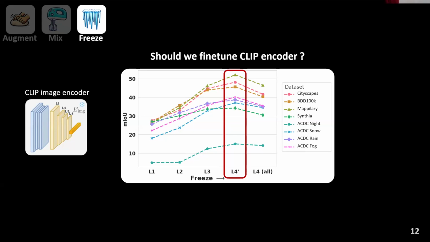Because if we fine-tune the full network, it decreases the performance a lot, quite likely because it distorts the CLIP features, but that's only a conjecture. And the combination of all these ingredients creates our Famix method, which stands for freeze, augment, and mix.